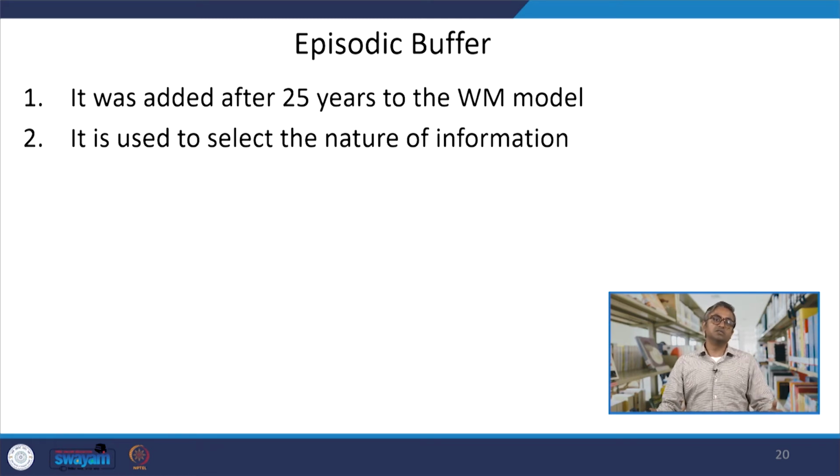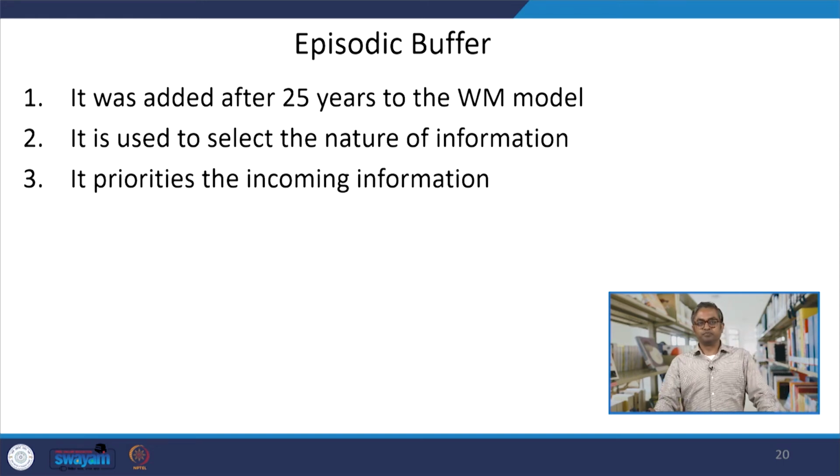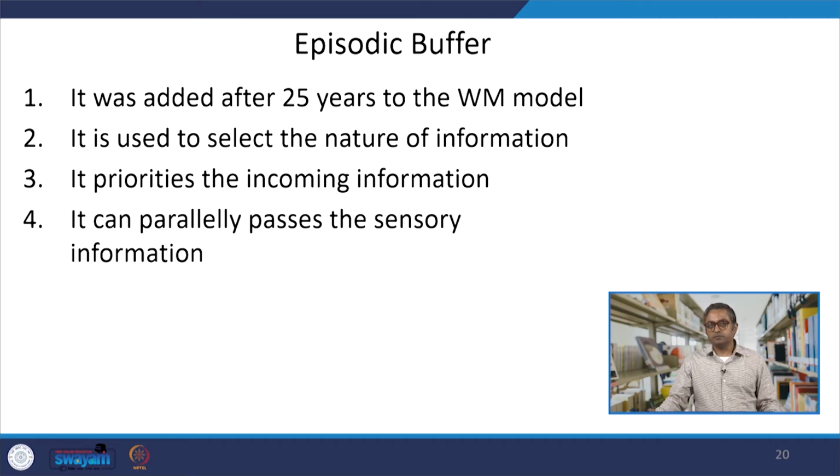And this system was the episodic buffer, which they added 25 years later. It prioritizes the incoming information. It can pass sensory information in parallel. So two sensory streams can pass in parallel towards the central executive system, where the integration can happen.